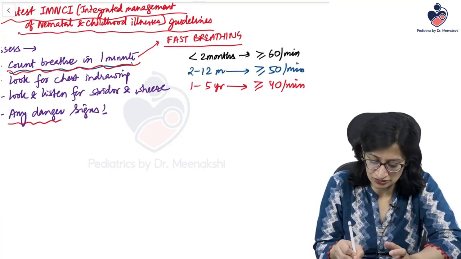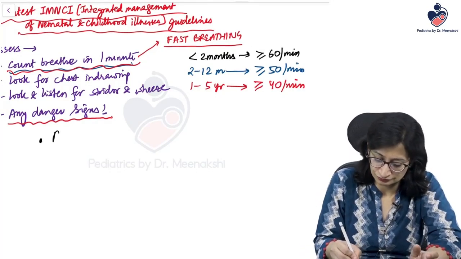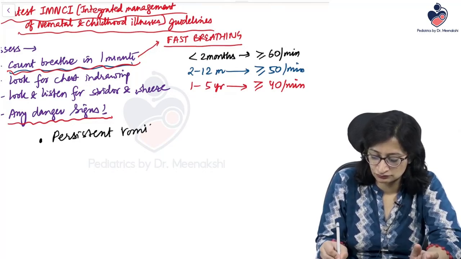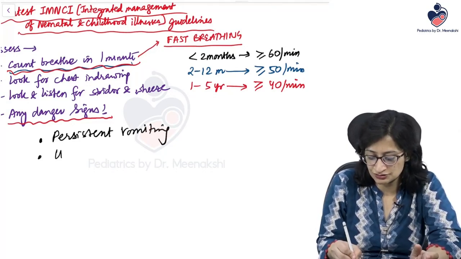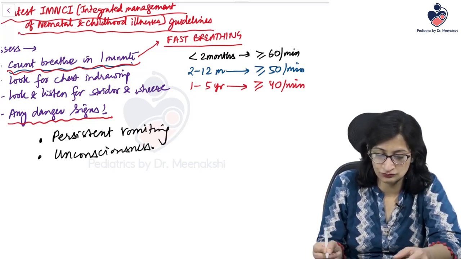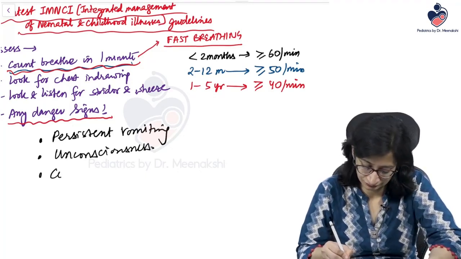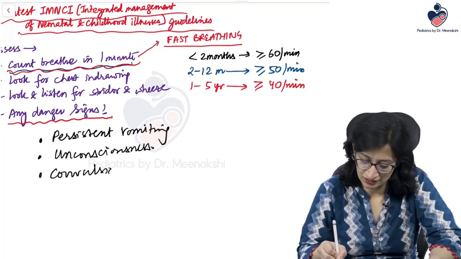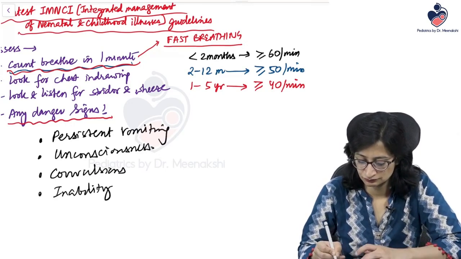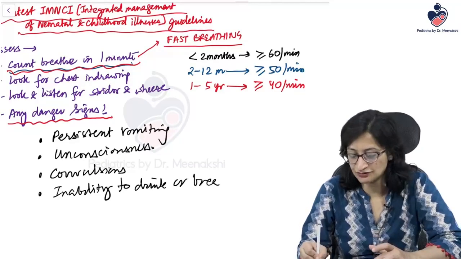So what do you mean by general danger signs? General danger signs include persistent vomiting, unconsciousness, convulsions or seizures, inability to drink or breastfeed, and lethargy.